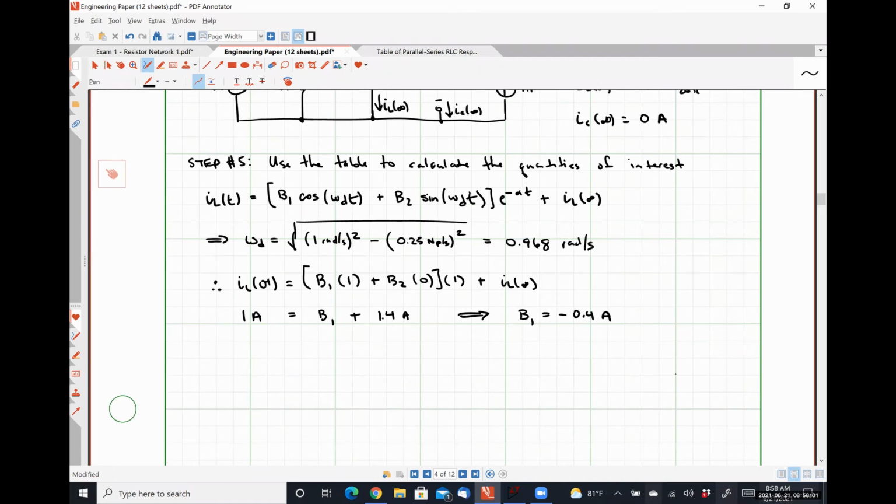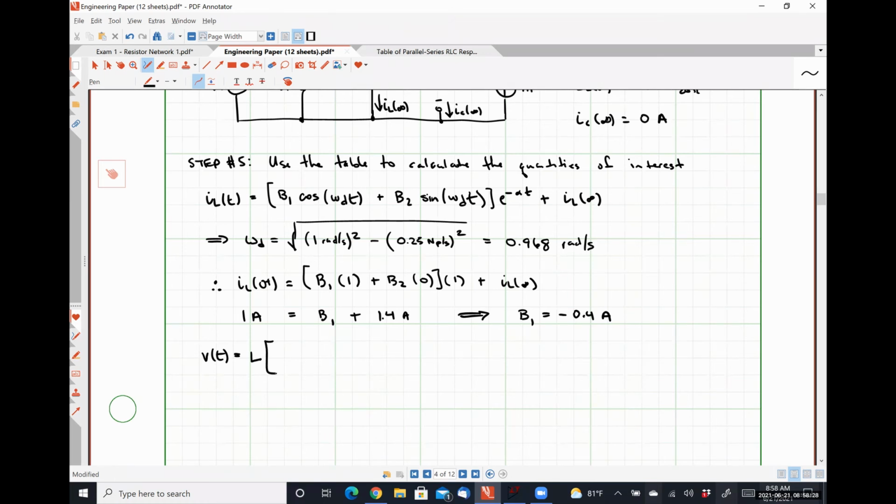The next thing that we're going to do is look at our derivative-based relationship, right? So if I have the inductor current, then I'm going to now look at the inductor voltage. E of t, which is equal to L times the derivative, where I'm not going to take the derivative of this big ugly thing. That's what the table is for, right?